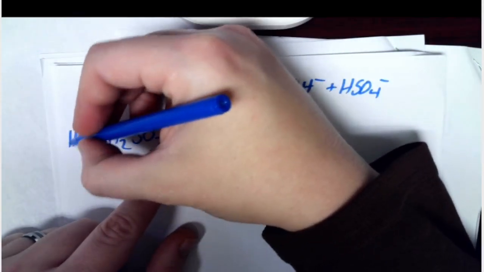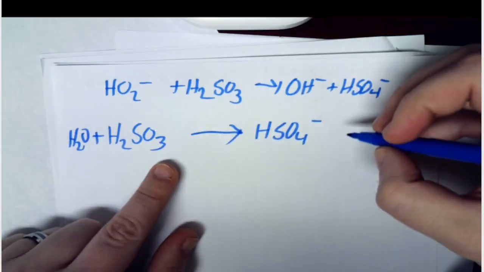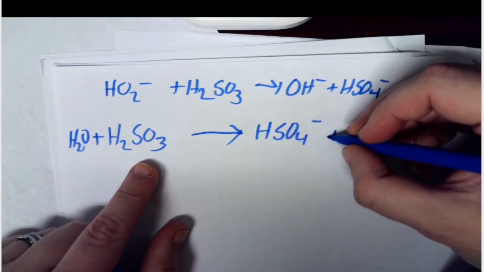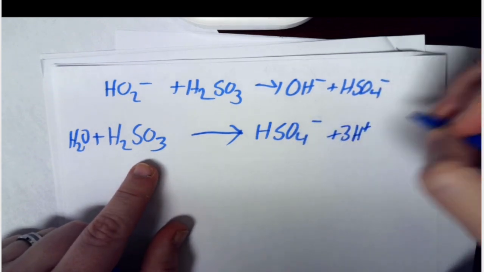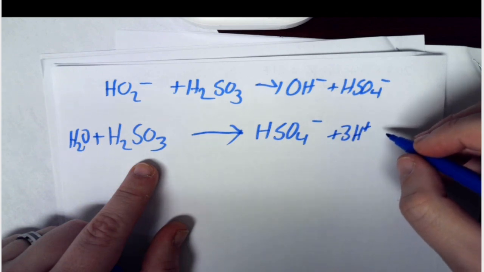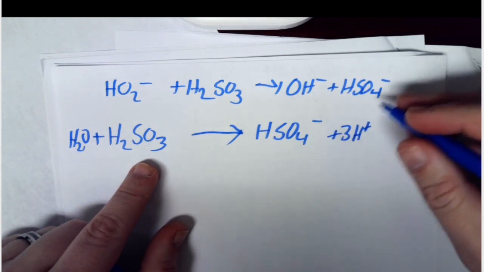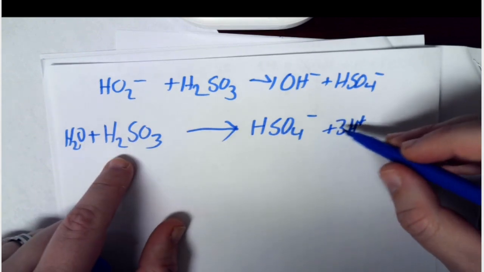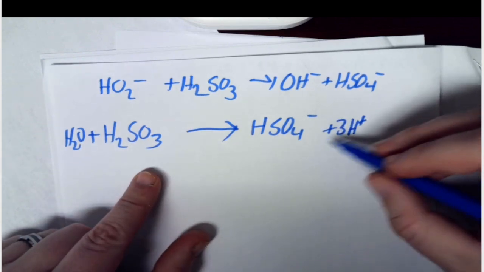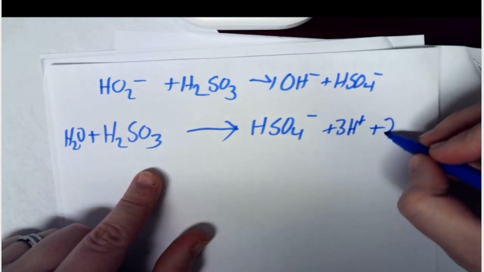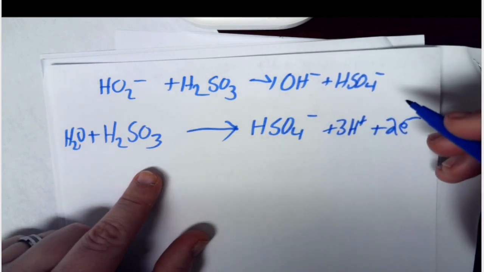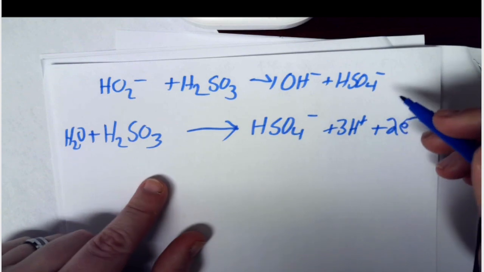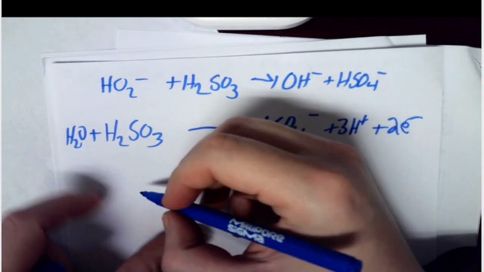I'm going to add water. 4 hydrogens, 1 hydrogen, so we're going to add 3 hydrogens. And we have 0 charge on this side. We have 2 positive on the right side, so I have to add 2 electrons. Now, if I want to, I can make this basic right now, or I can make it basic later. Let's look at the other half reaction first.